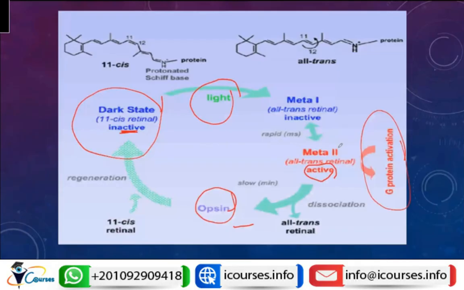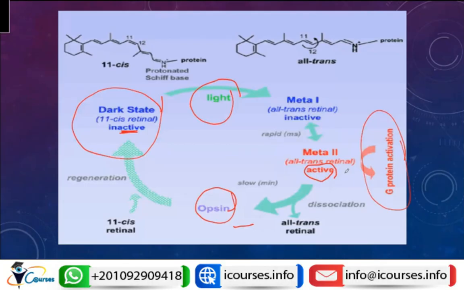You can see that the metarhodopsin 2 is called all trans retinal. This is the active form. So by changing the 11-cis-retinal to all trans retinal, we have now an active form of rhodopsin that will lead to initiation of the visual impulse.